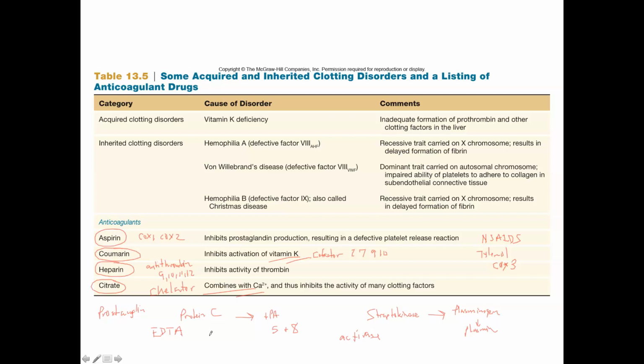By removing calcium from donated blood, by adding a citrate or an EDTA, you can bind up that calcium, and therefore the blood wouldn't clot in the storage bags. And so that allowed us to store blood long term and to have blood banks and to make blood available in hospitals.